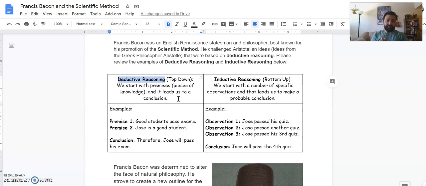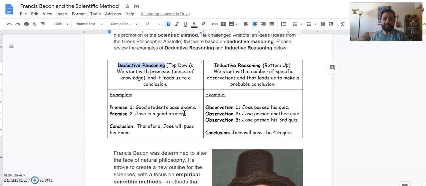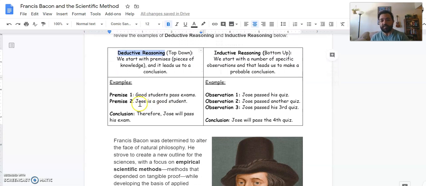So deductive reasoning is sort of an upside down triangle. Inductive reasoning is bottom up, a regular, right side up triangle, I guess you would say. All right. In deductive reasoning, we start with a premise, different pieces of knowledge, and that leads us to a conclusion. In the example here, premise one says good students pass exams.